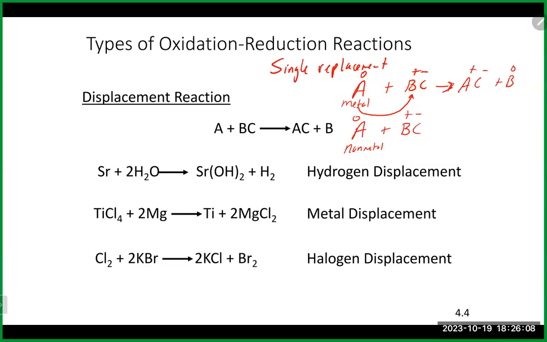But when non-metals do have charges, they are negative, which means it will come in and kick out the negative guy in this case. And once again, it will make a new ionic compound, and that guy coming in will then gain a charge of negative, and the guy coming out will actually have no charge in that particular case.